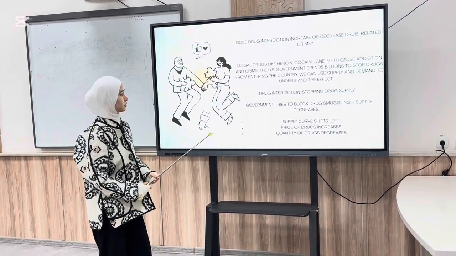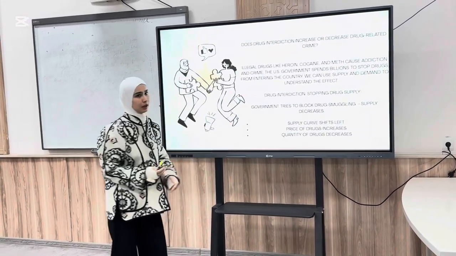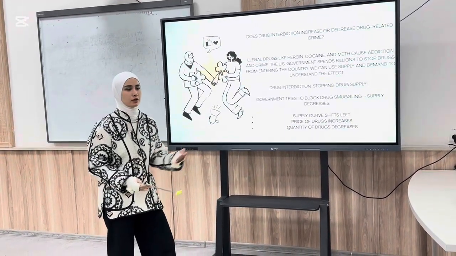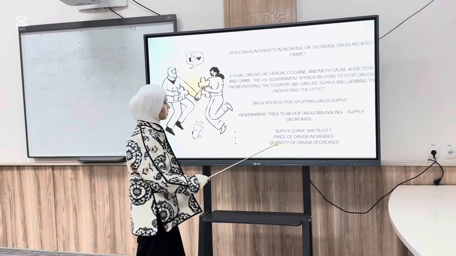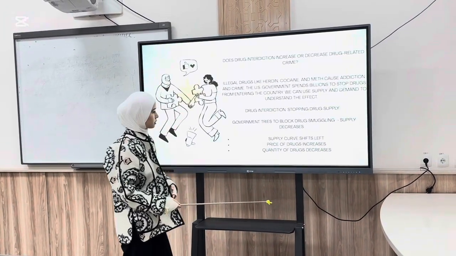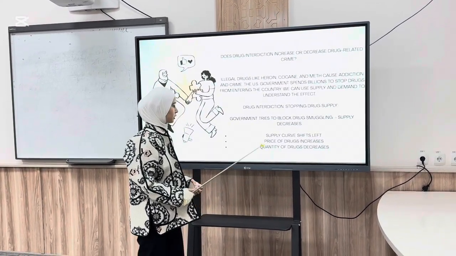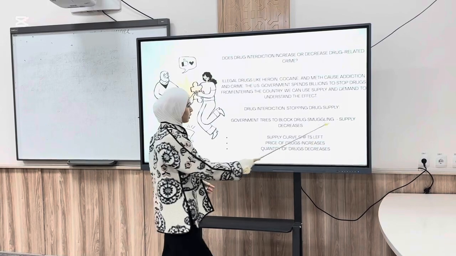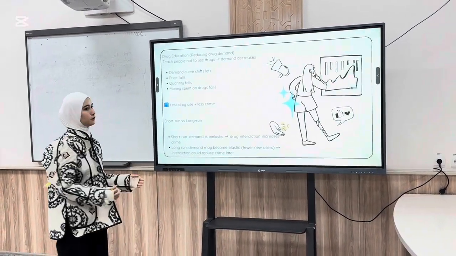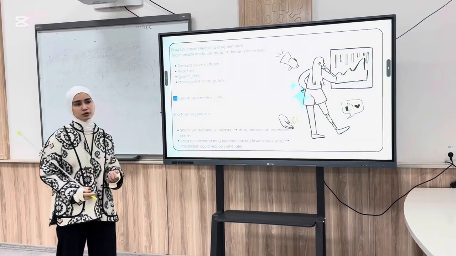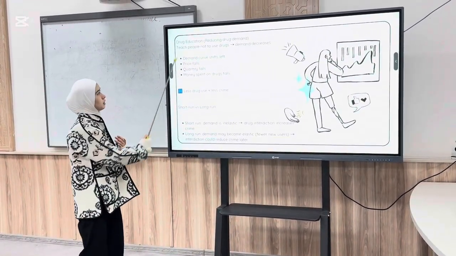Drug interdiction means restricting drug supply to the country. The government tries to block drug smuggling, supply decreases, the supply curve shifts left, the price of drugs increases, and the quantity of drugs decreases.